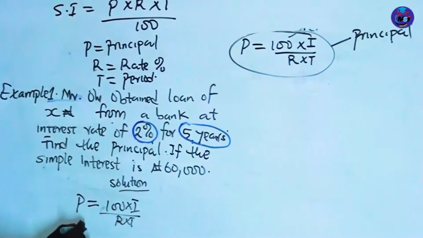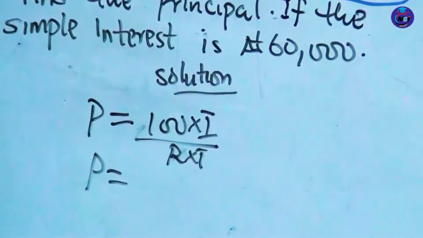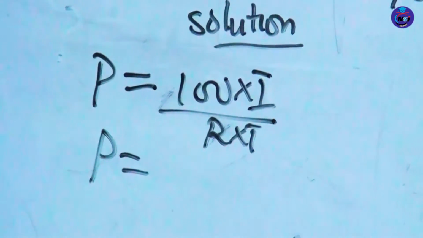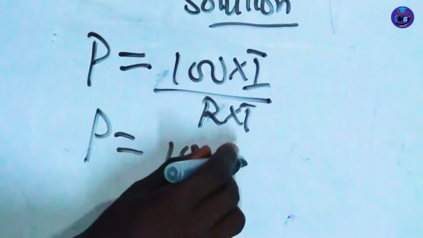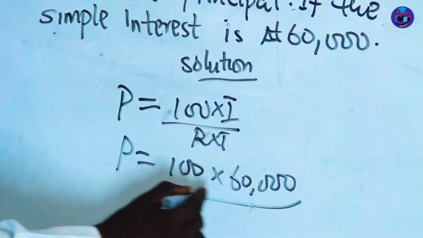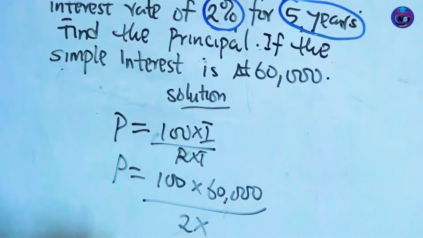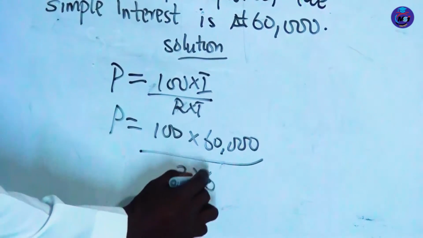Okay? P will give us 100. What is our interest? 60,000, divided by R, which is 2, multiplied by T, which is 5.